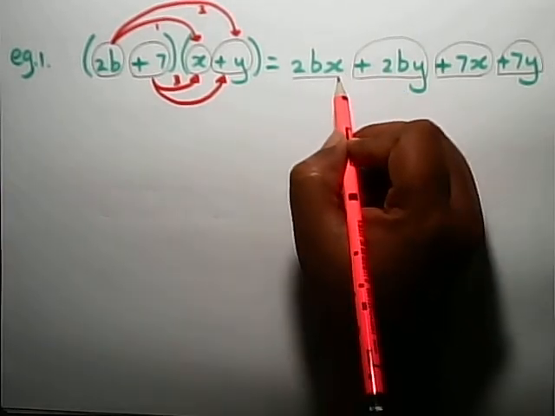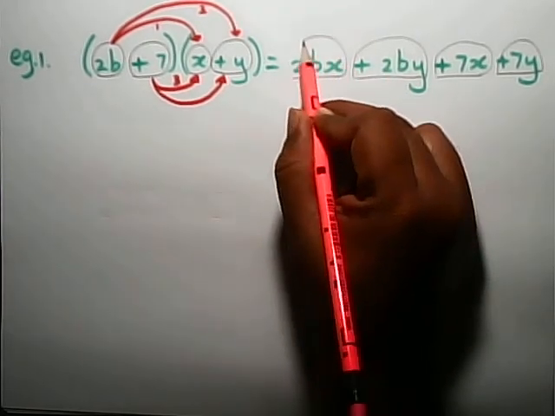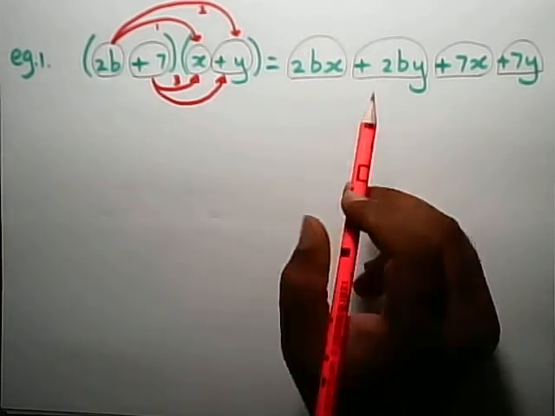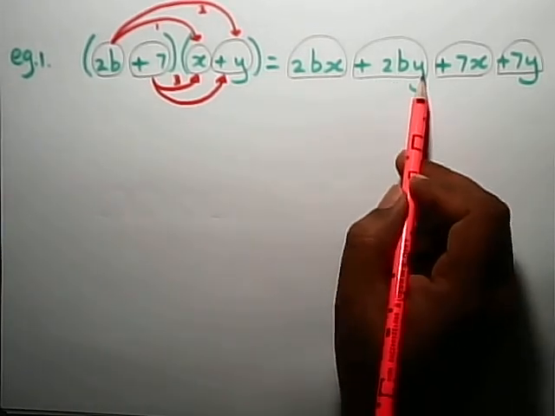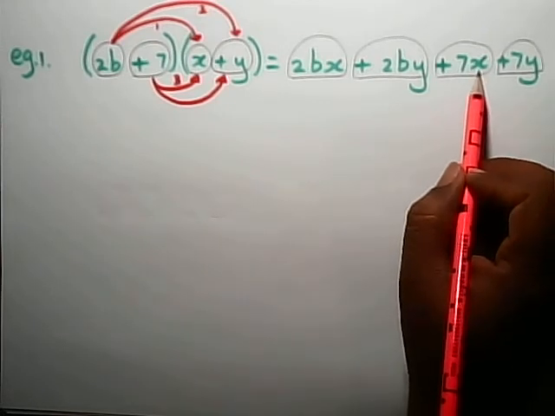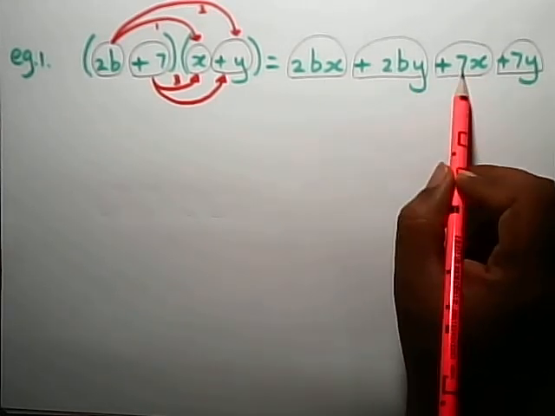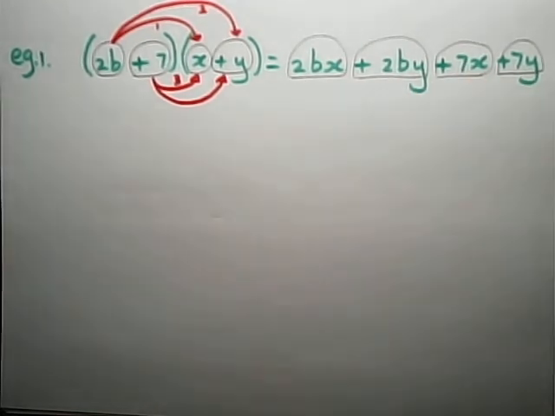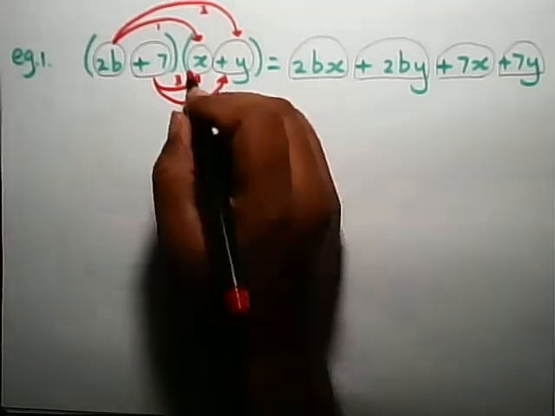Like terms would be terms with the same exact letters. bx, by, not the same letters. x, y. So none of them are like terms. Since you don't have like terms, you can't add it up any further. We have to stop right there. You're finished already. As easy as that. 4 steps.